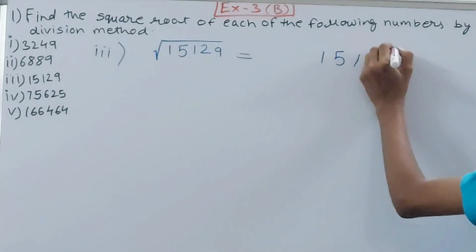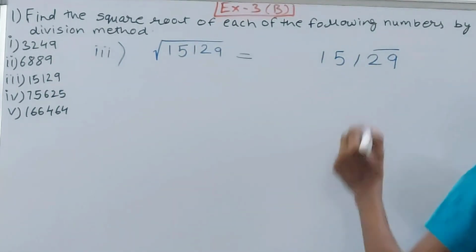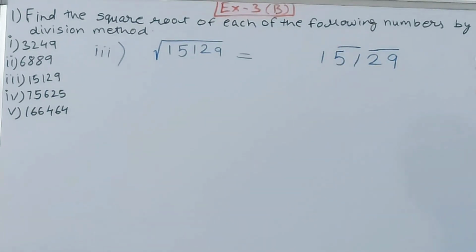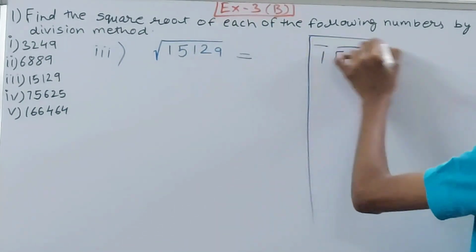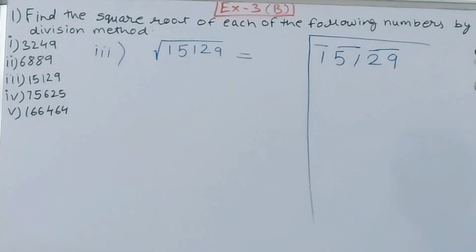So make the pairs from right to left. First pair, and the pair has to be of 2 digits. So we've made it. Then second pair, again 51 here, we've made the pair. 1 is left, so just one number here. So 1 and then 51 and then 29. All these numbers we have got as our pairs.